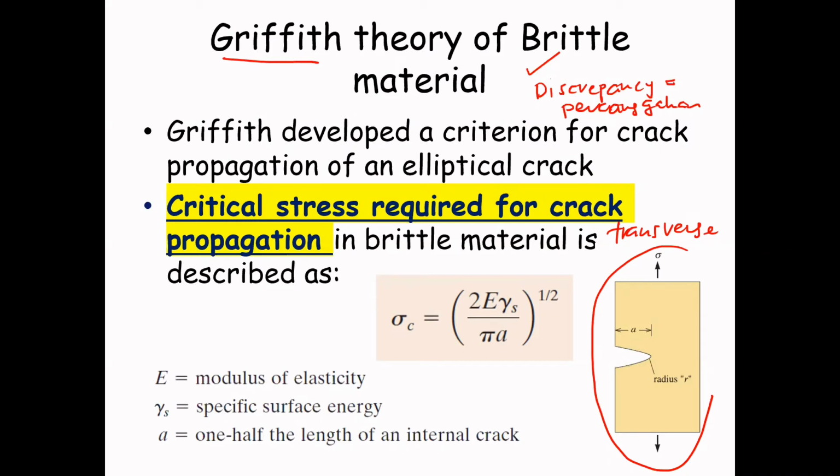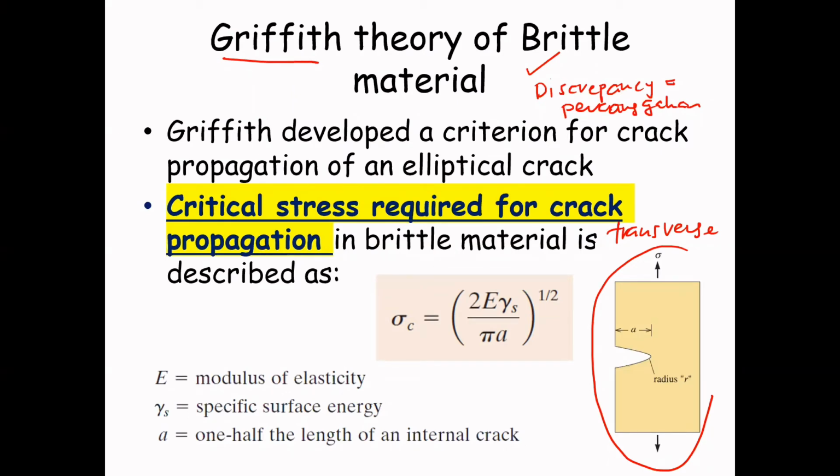So when the crack spreads, the surface area of the crack increases, but the elastic strain energy stored in the thin sheet decreases because of elastic strain relief across the crack region.